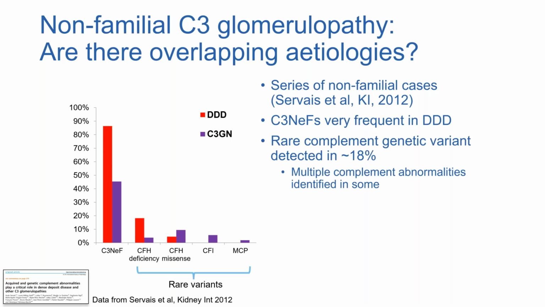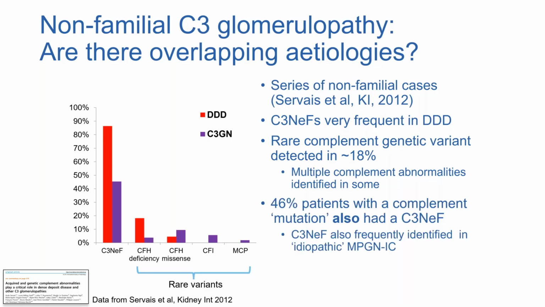The same paper also reported rare complement variants and multiple complement abnormalities identified in some patients. Interestingly, 46% of patients with a complement variant also had a C3 nephritic factor in this study. And C3 nephritic factors were also identified in immune complex MPGN, suggesting a degree of overlap between these histologically differentiated conditions.